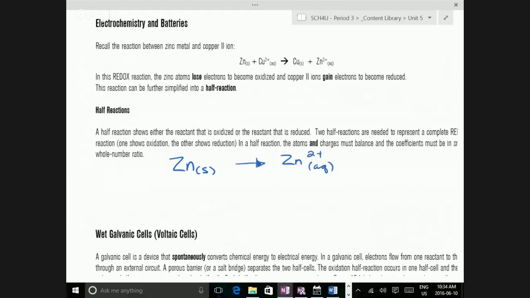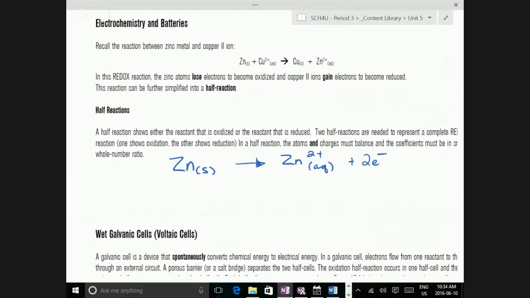Electrons. Which side needs electrons? Right. How many? Good, very good. And then I would add H pluses to balance charge. Do I need any? Then I would add waters to balance oxygen. Do I need any of those? No, so we're good. Looks good to me. So there's one of our two half reactions.